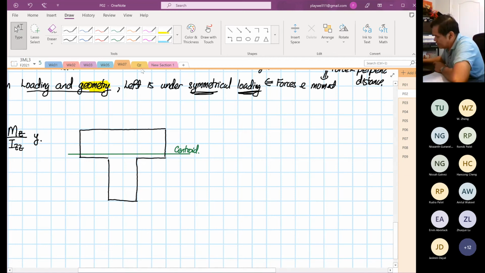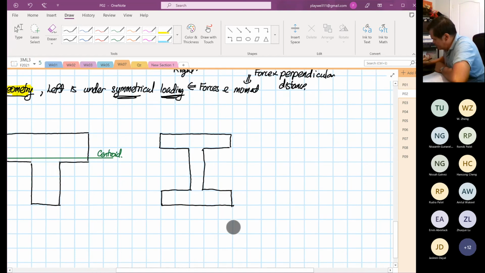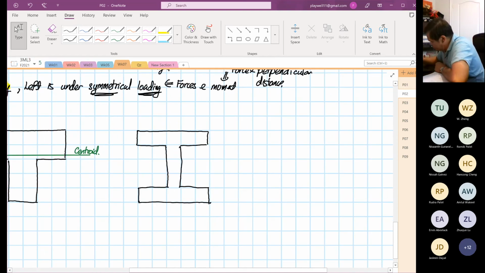Then I'm going to sketch for you another different structure now. The next structure I'm going to sketch looks like this. And then the last structure I'm going to sketch for you is this.